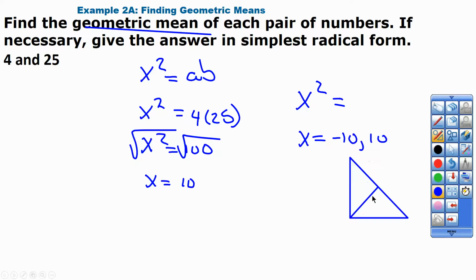Well, since it's got to be a relationship, this distance here for A, and this distance here for B, those are both positive distances. So x is going to need to be a positive number as well. So we're just going to pick x as 10, and we're not going to worry about this negative 10.